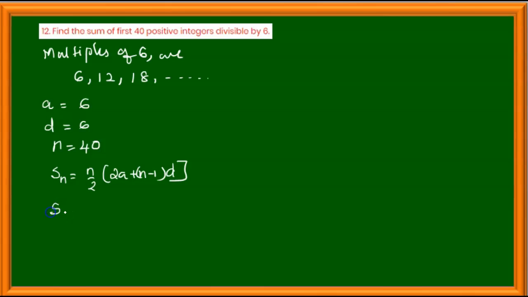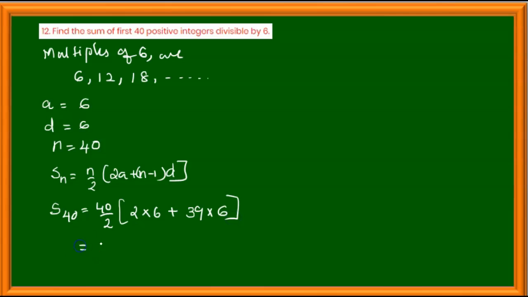So S40 is equal to 40 by 2 into 2 into a, which is 6, plus n minus 1, which becomes 39, into d, which is again 6.